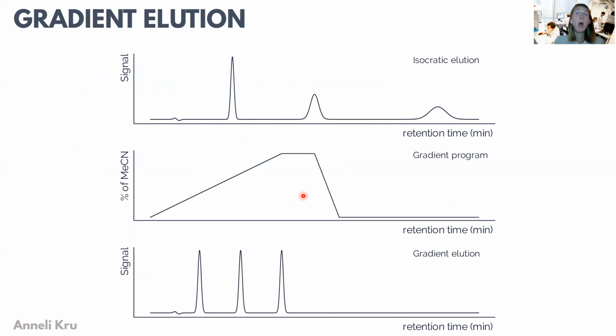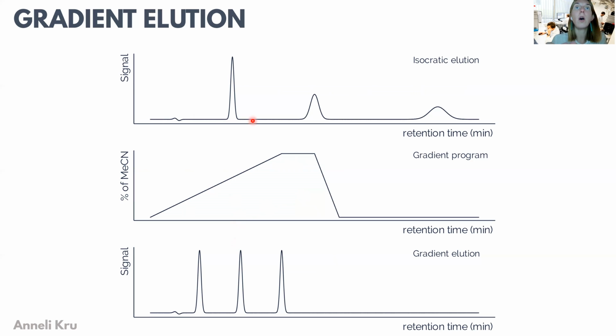So let's view what kind of effect the gradient elution has on the separation of the compounds. So this was our isocratic run. This is our gradient program. And what we see in the gradient elution is that as the gradient is increasing the percentage of the acetonitrile, our peaks elute nicely.